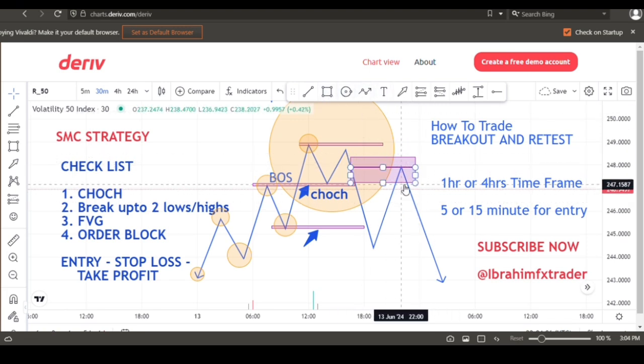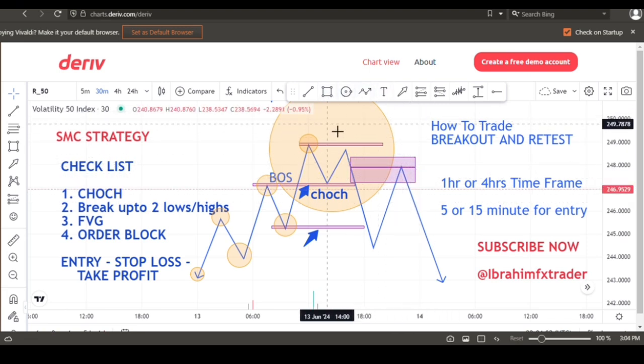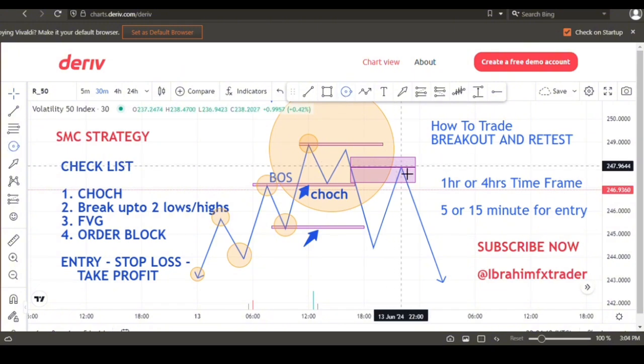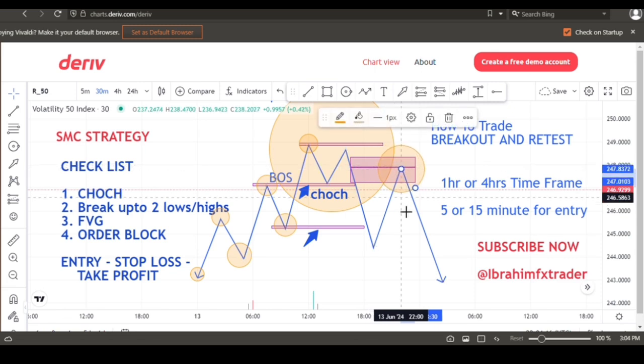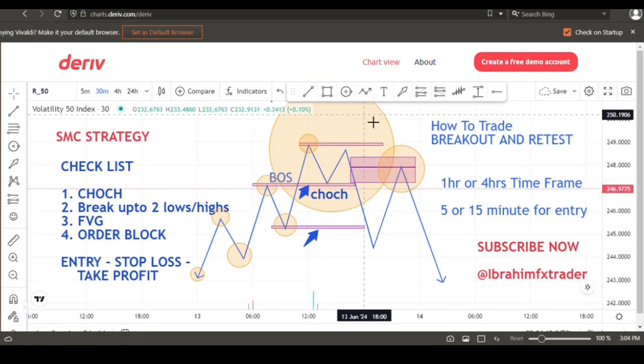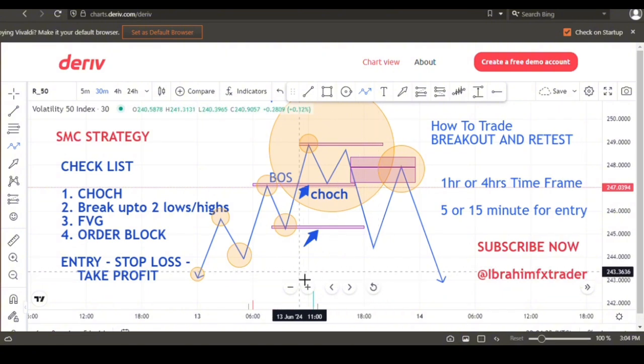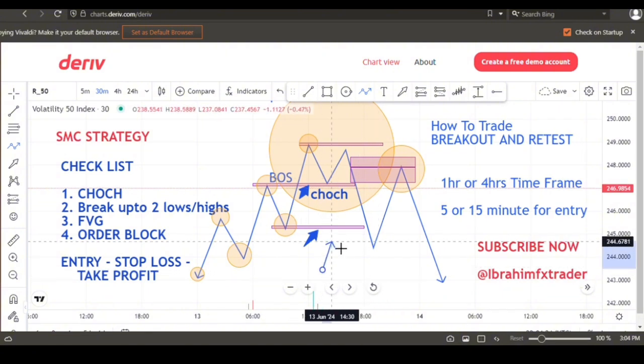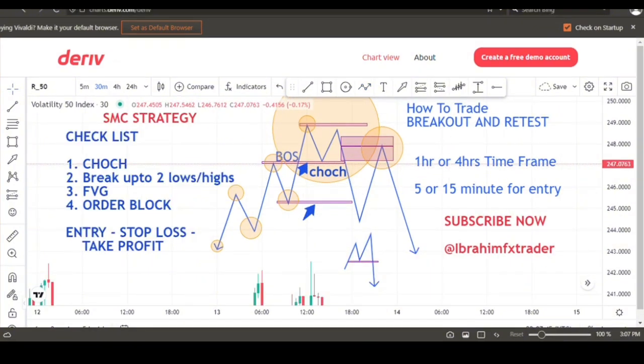Right here, you are going to go to your 15 minute or 5 minute time frame, and you have to identify your change of character, something like this.